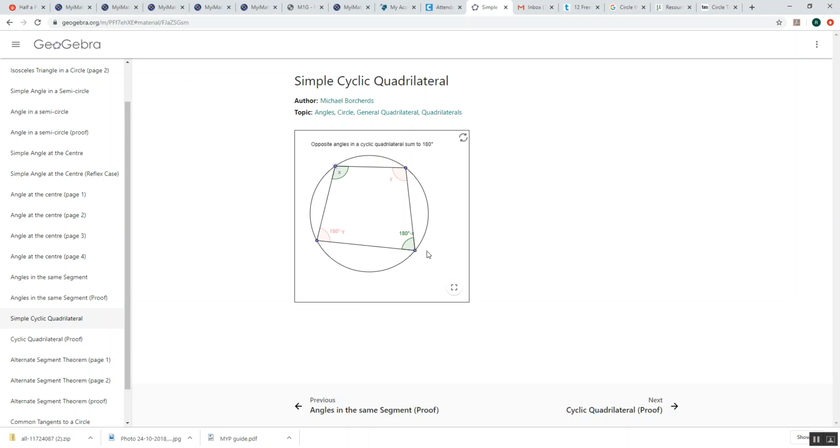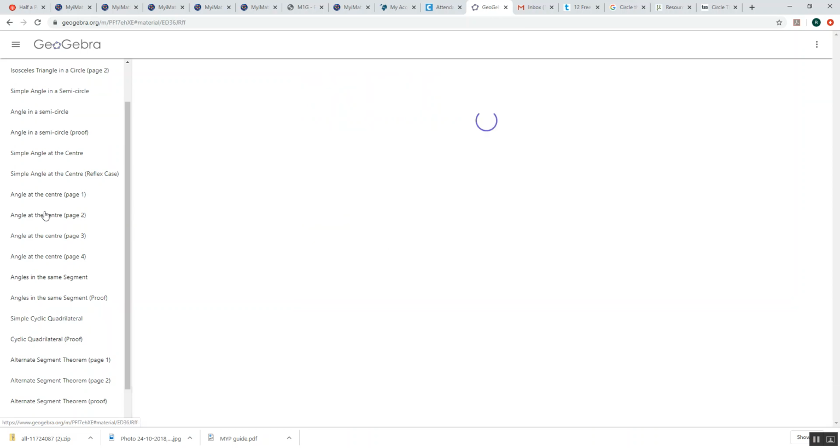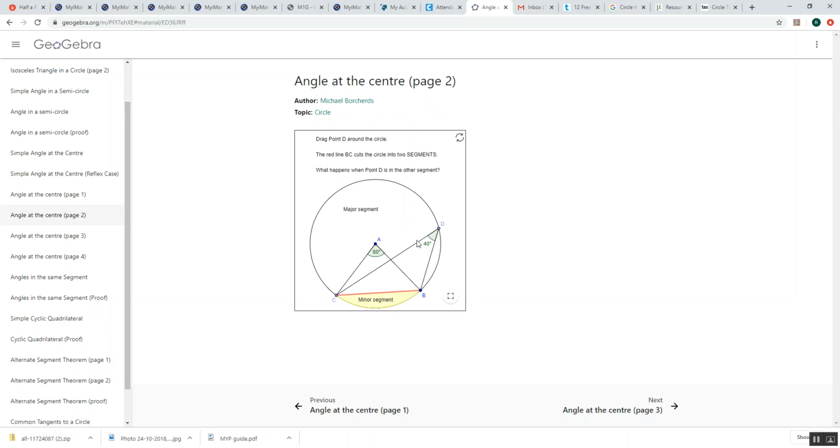And then the one today is our angle at the center. So we can see that the angle in the center is always double the angle on the edge, okay? So in this case, the angle in the center is 80, so the angle on the edge is 40, okay? Kind of make sense? Yeah.